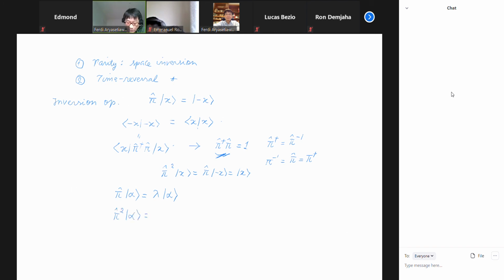That would be alpha squared times the state, but this is equal to 1. So alpha squared is equal to 1, or alpha is equal to plus or minus 1. So the eigenvalues of the inversion operator are plus and minus 1, the even and odd eigenvalues.